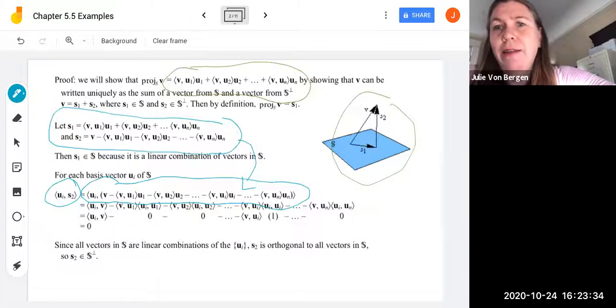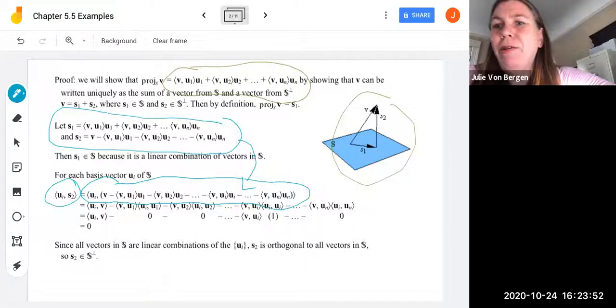And so then that is going to be simplified to be the inner product of ui with v, minus the inner product of v with u1 multiplied by the inner product of ui with u1. So here we're using the properties of the inner product space and so on.